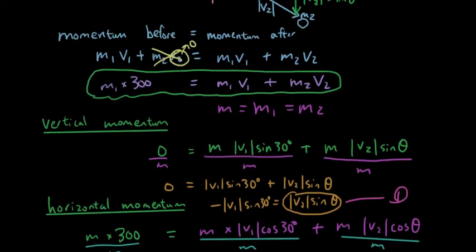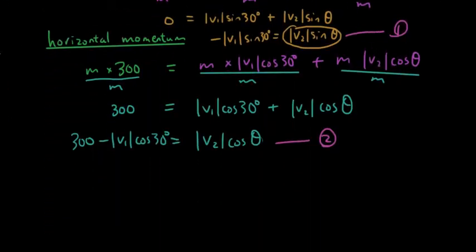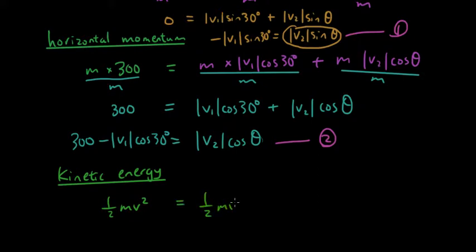Well, it's going to come from the original information where it says that the kinetic energy of an object of mass m kg moving at v m/s is 0.5 mv squared. So my kinetic energy equation is going to be half mv squared before is equal to half mv squared after.